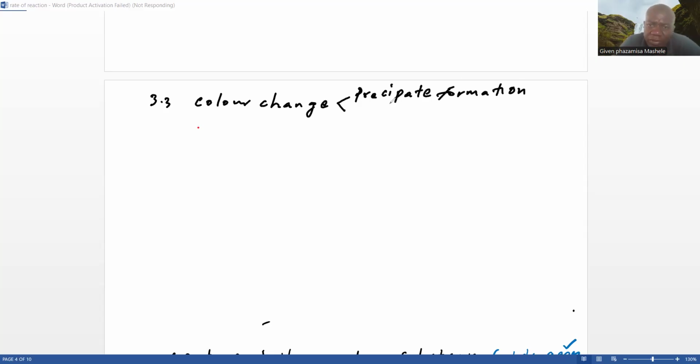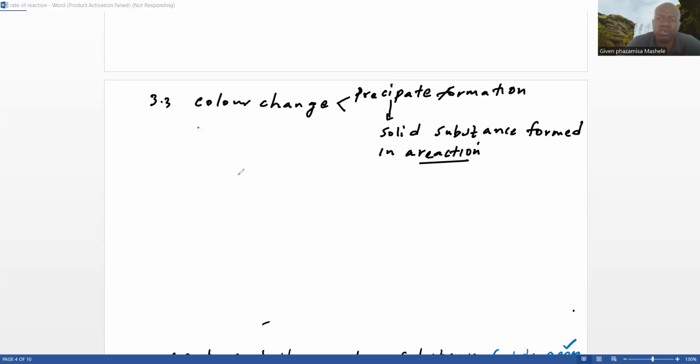A precipitate is just a solid substance formed in a reaction or produced in a reaction. Or we can look at the color change if you're using indicators.